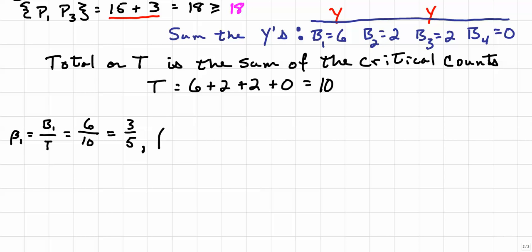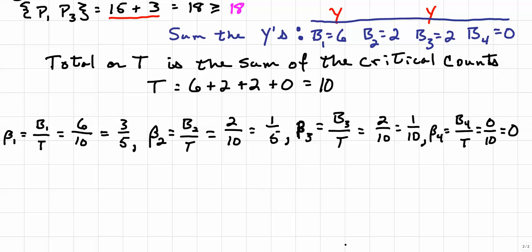And then we're going to do that for the remaining 3 players. And now I have the Banzhaf power distribution for all 4 of these. Beta sub 1 is 3/5, beta sub 2 is 1/5, beta sub 3 is 1/10, and then beta sub 4 is 0.